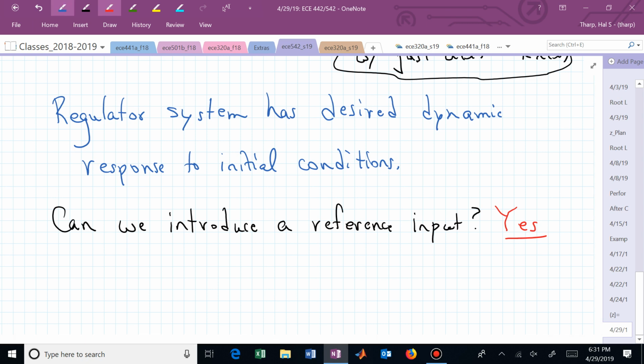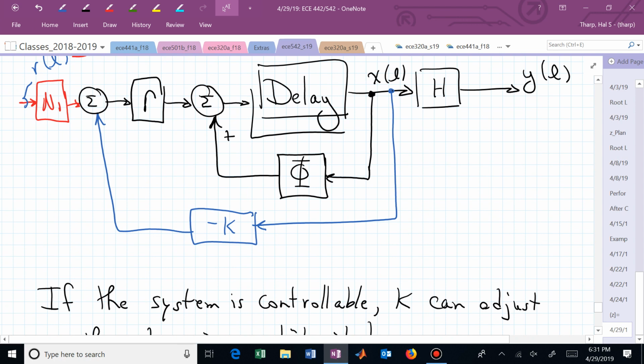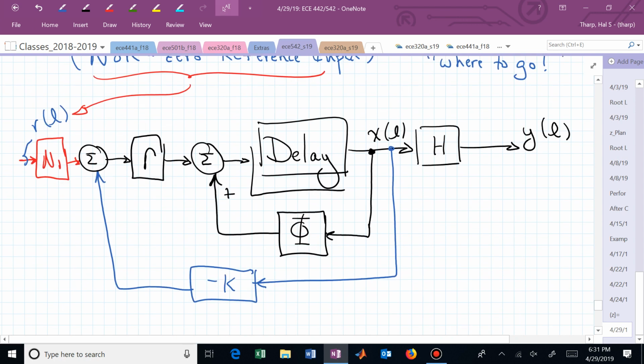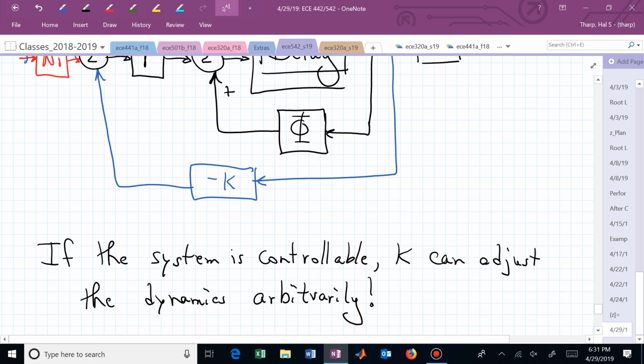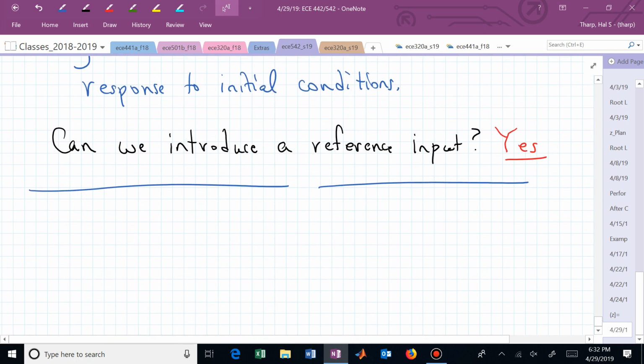That was a rhetorical question because I'd already shown you that it was possible by simply introducing an additional weighted signal, a reference signal, into this block diagram that we've already told how to behave by full state feedback and this gain matrix K. Now we want to be able to shape how it moves in response to reference input commands.